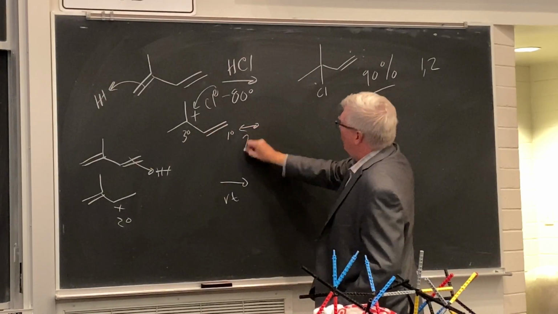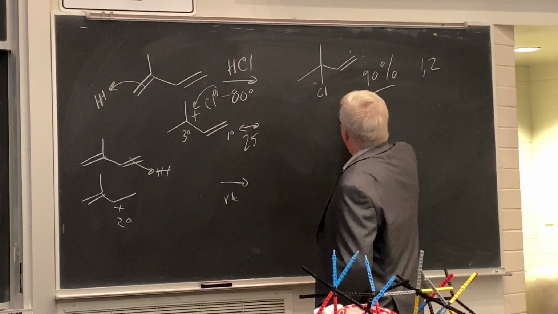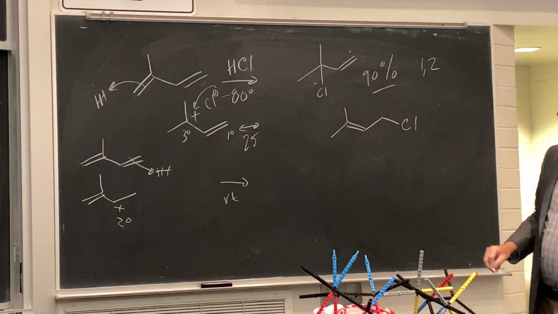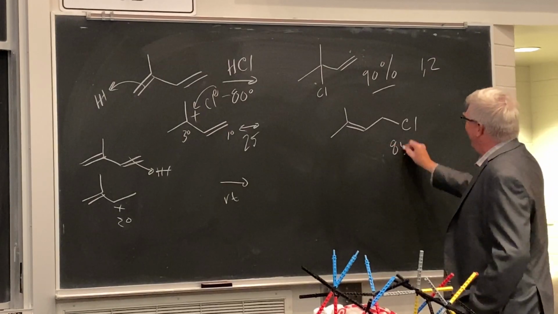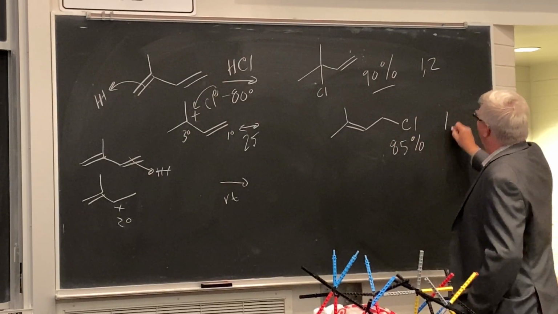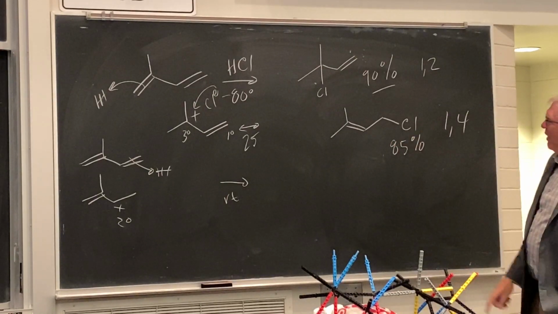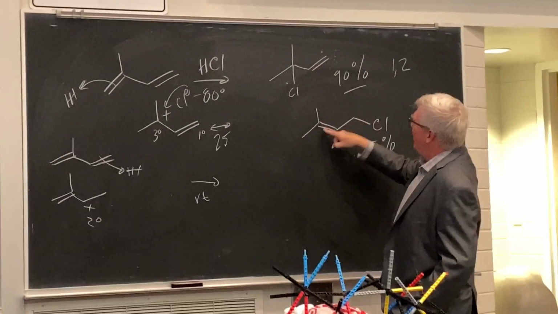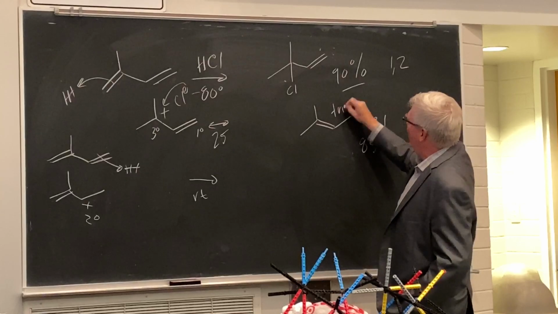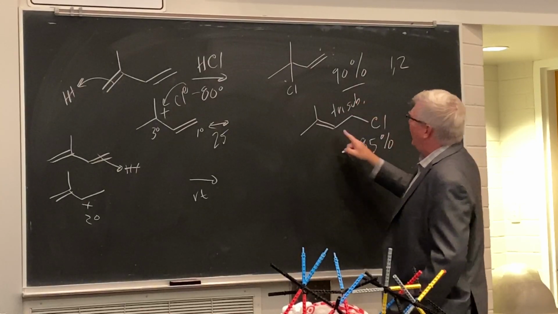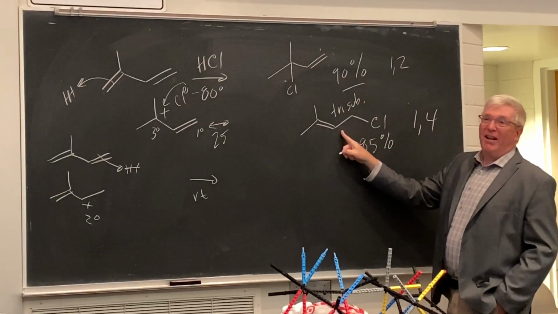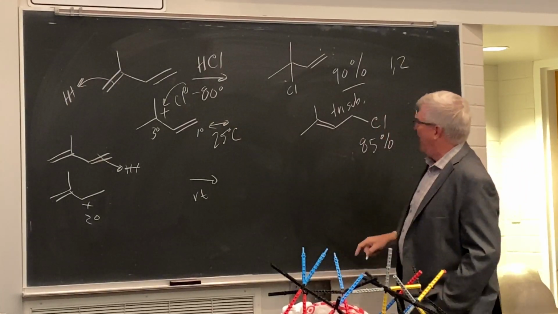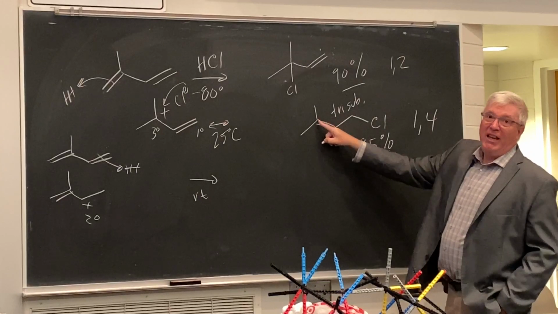But if we're at 25 degrees, we get this product, which is, what's the yield there? 85%, yeah. And that's what, 1,4. And that makes sense. This is a thermodynamic product. This is mono-substituted. This is what? Tri-substituted. So that's going to highly favor more of this product under reversible conditions at the higher temperature, okay, giving the more substituted alkene.